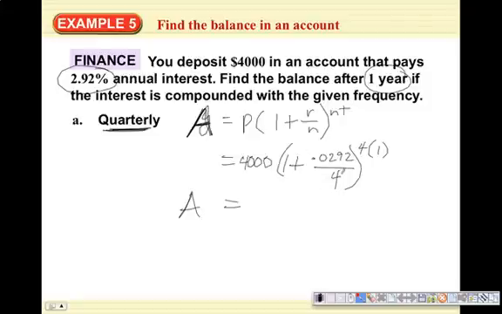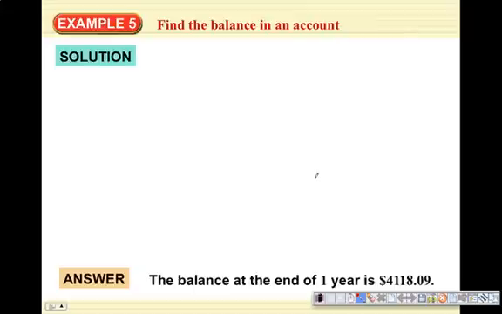Be careful when you type it in. When you do this fraction, I would put this in parentheses and then this and all that. So let's type that in, check your answer with mine. Alright, it says the answer is 4,118.09. You see it at the bottom here.